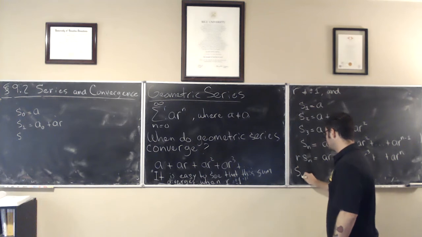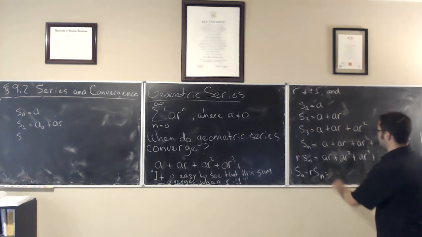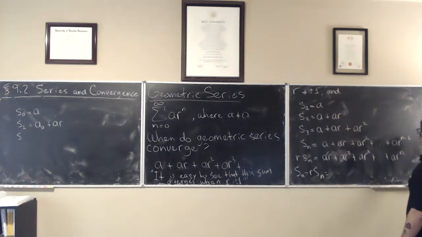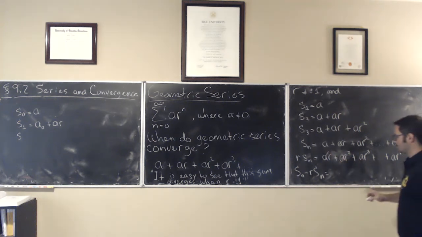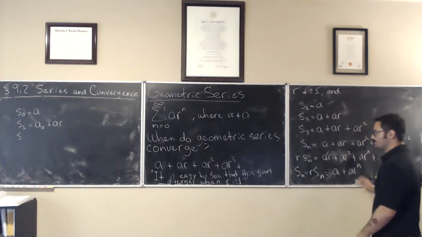And what do we get? Sn minus R times Sn on the left. And then everything is gone. The only thing that's left over is A minus A times R to the power n.